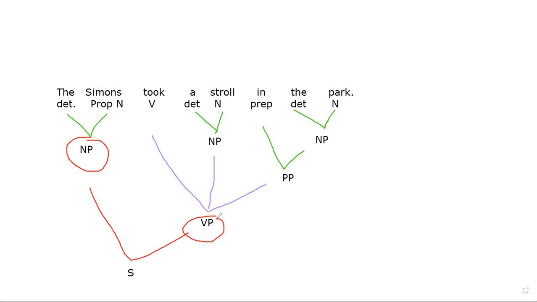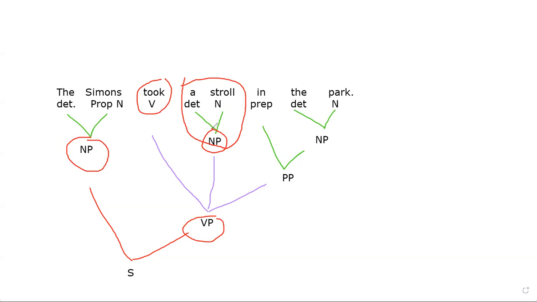Now, inside my predicate, I look at my verb. I should have my main verb. This is a transitive verb. It requires a direct object. Do I have my direct object? Yes. And it's represented as one piece. That's my direct object.